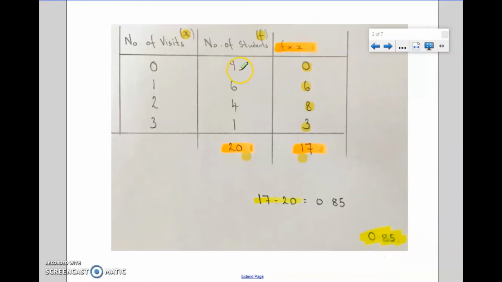You may have expected that because a lot of the students, 9 of the students, did not attend the gym at all. So that's certainly going to drag our mean down to quite a low mean.